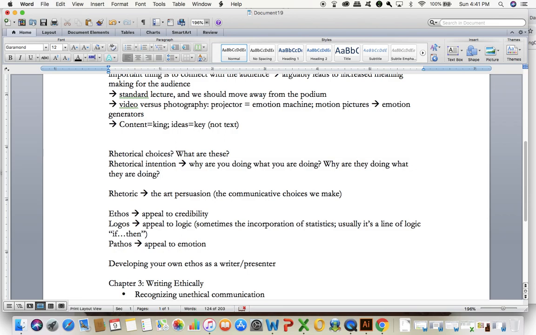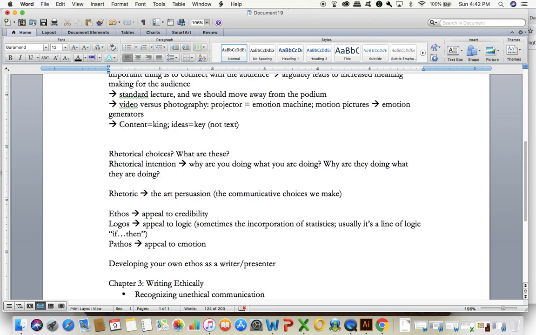And then in the reflection memo for that more complex assignment, you yourself are doing that same process with your own work. Why did I do what I did? These are the reasons that I did it. That's being aware of the rhetorical intentions.